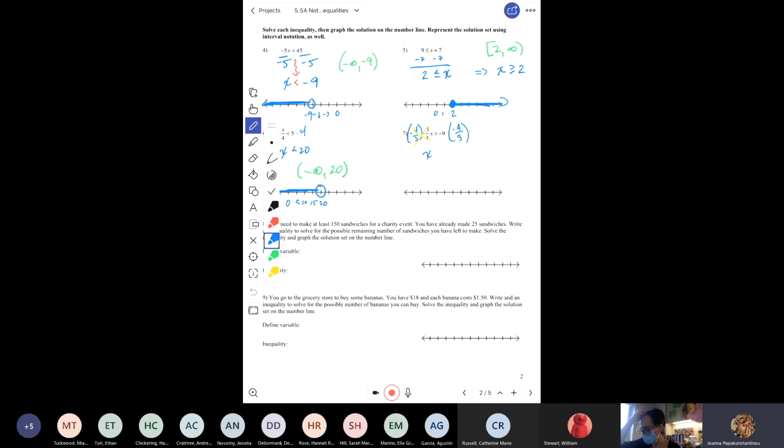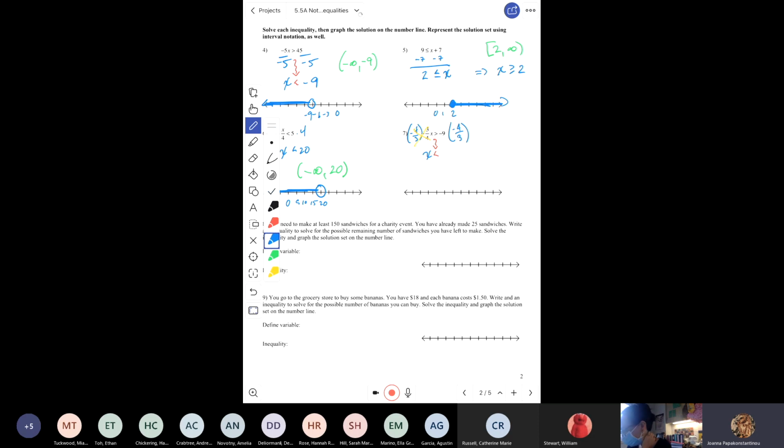And then what? Anything I have to pay attention to? I have to change the direction of the inequality. And yes, pay attention, because I multiplied by a negative across the inequality. So change the direction of the inequality. And then yes, you are correct. Both are negative. I don't care if you want to multiply first and then reduce the fraction, or if you want to simplify first and then perform multiplication.